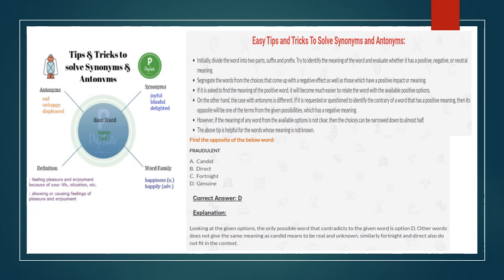Now here the correct answer will be genuine. Looking at the given options, the only possible word that contrasts with the given word is option D. Other words do not give the same meaning, as candid means to be real and unknown. Similarly, fortnight and direct also do not fit in the context.